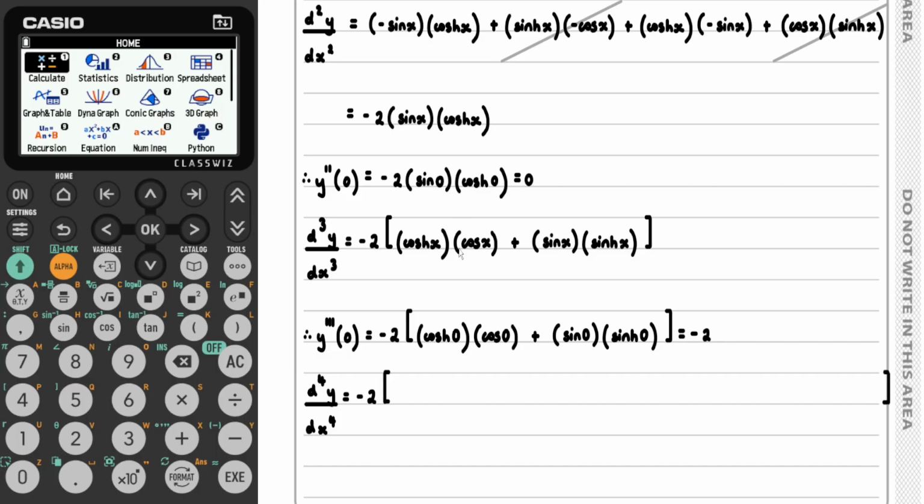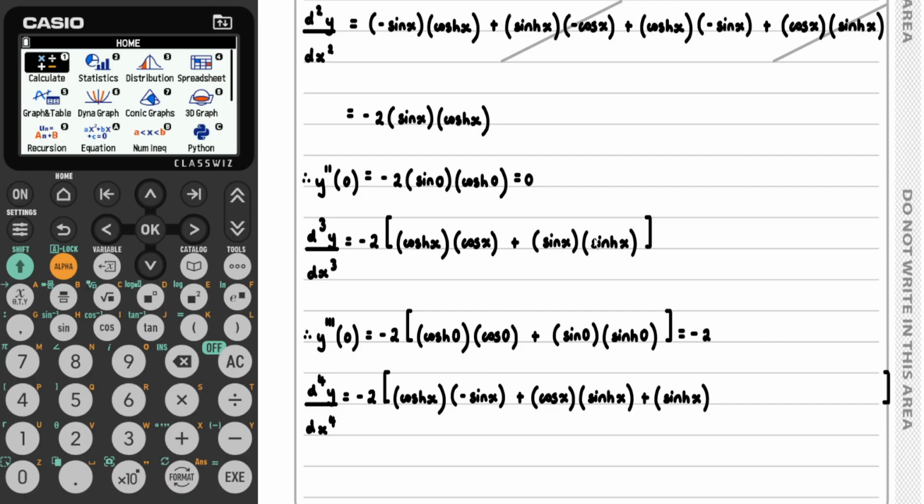And if I differentiate the hyperbolic cosine x, cos x first, well, I've got v, and then I've got the derivative of u, plus cos x times the derivative of hyperbolic cos, which is hyperbolic sine. And then I've got to differentiate sin x times hyperbolic sin x.